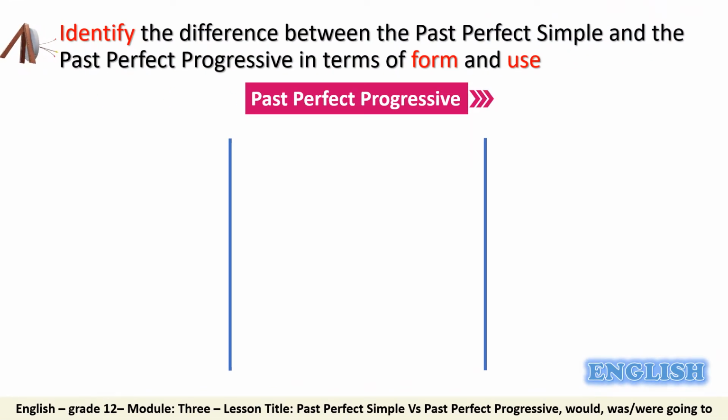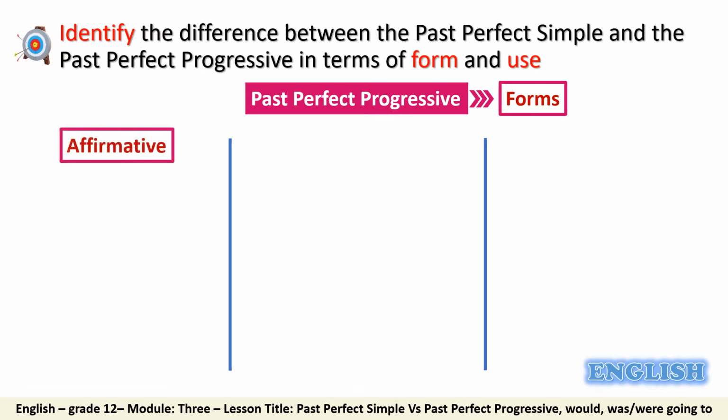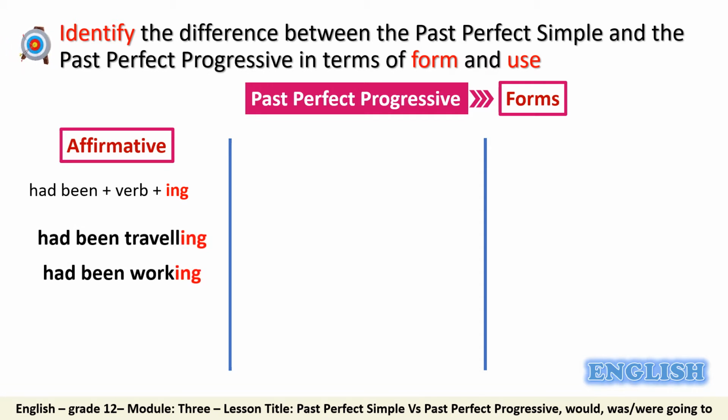Now we will do the same thing for the past perfect progressive. We start with the affirmative form. It is made by using had been plus verb plus ing. For example, had been traveling and had been working.